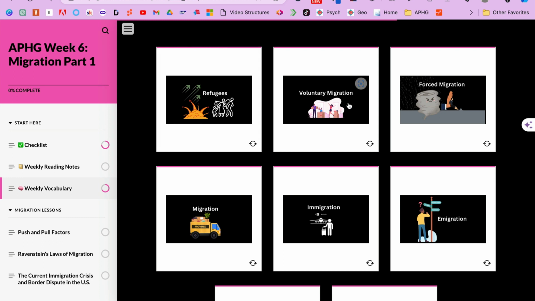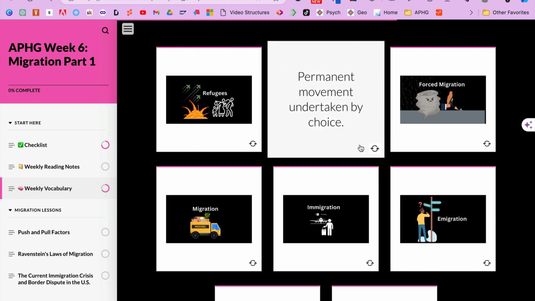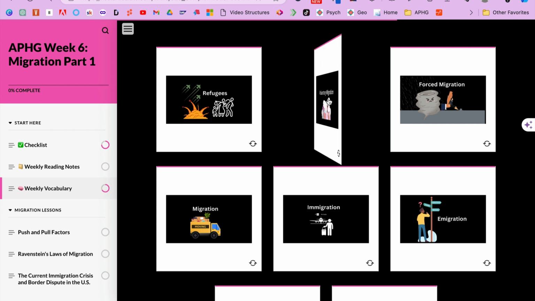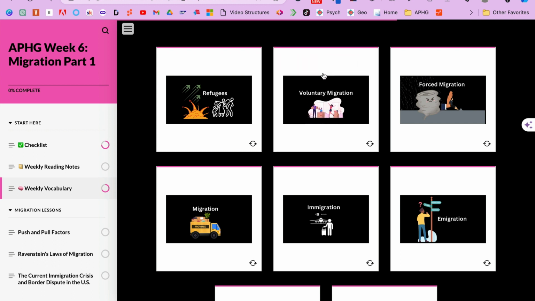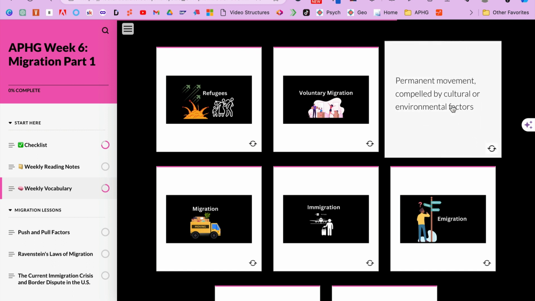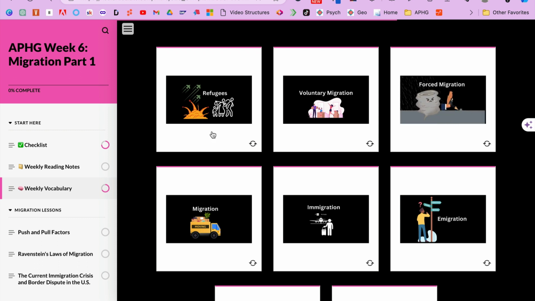Voluntary migration: permanent movement undertaken by choice. The number one motive for voluntary migration is economic, usually a job opportunity. Forced migration: permanent movement compelled by cultural or environmental factors, which create refugees.